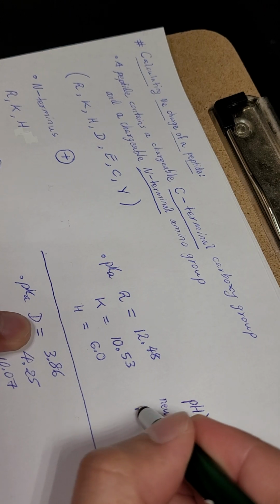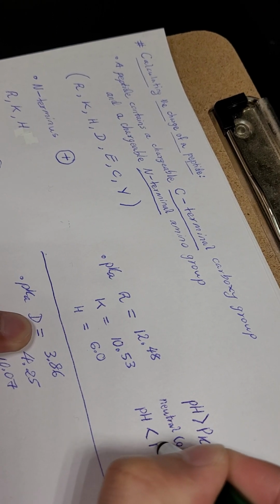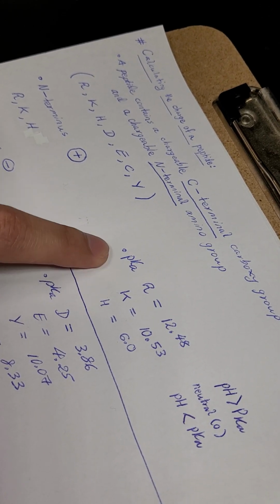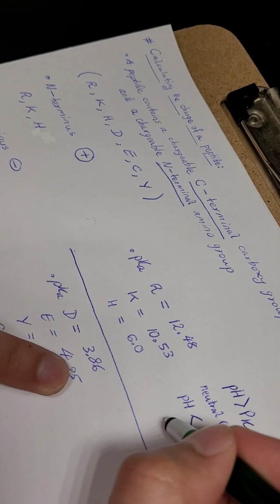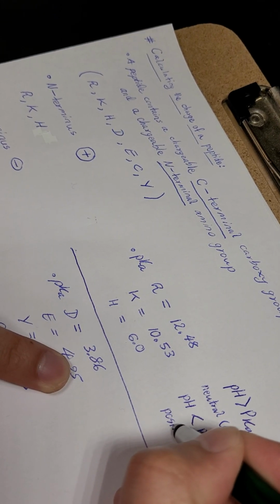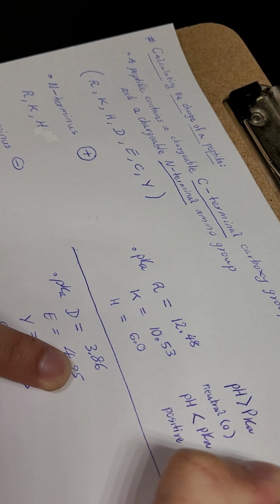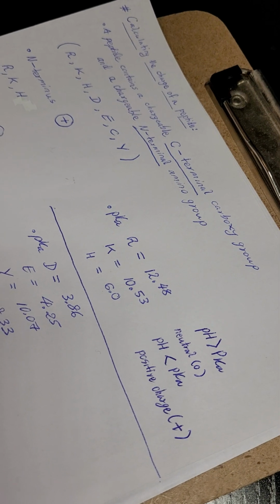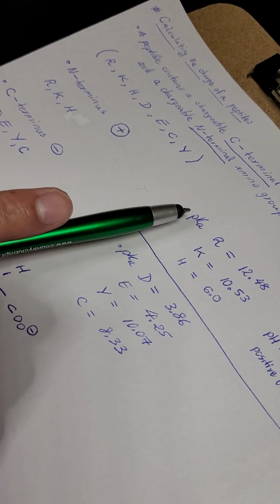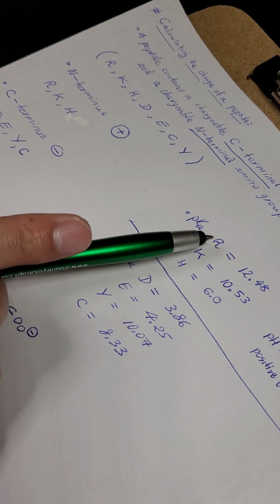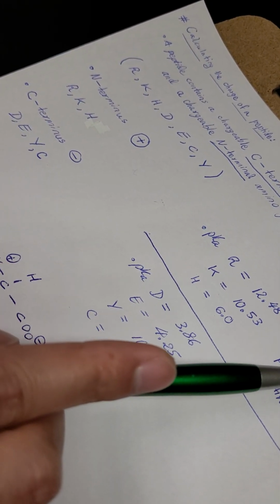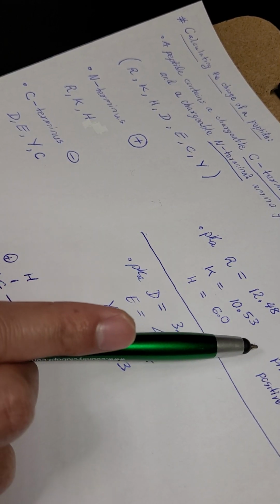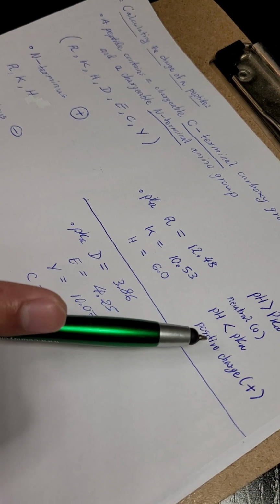If pH is lower than pKa, it will be positive charge. Again, if pH is higher than pKa, it will be neutral or 0. If pKa is higher than pH, it will be positive charge.